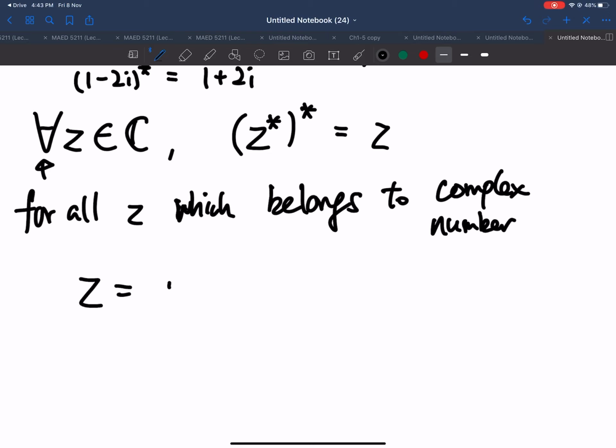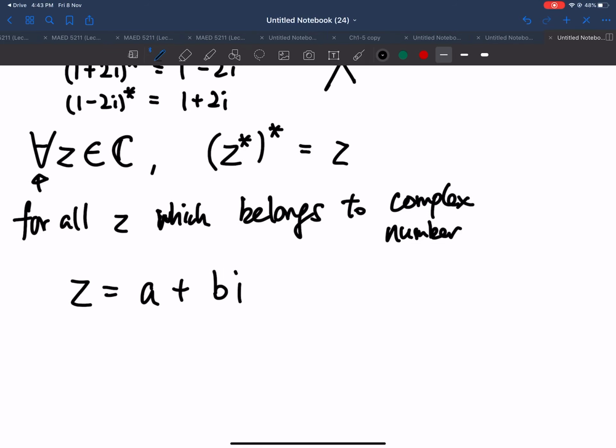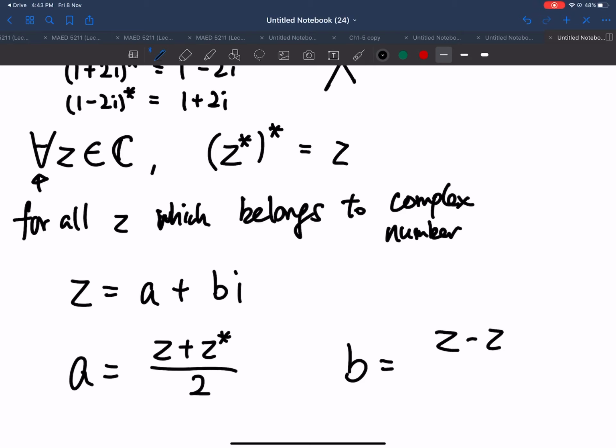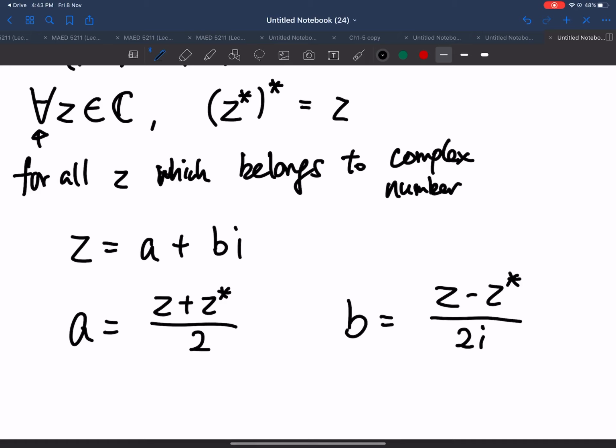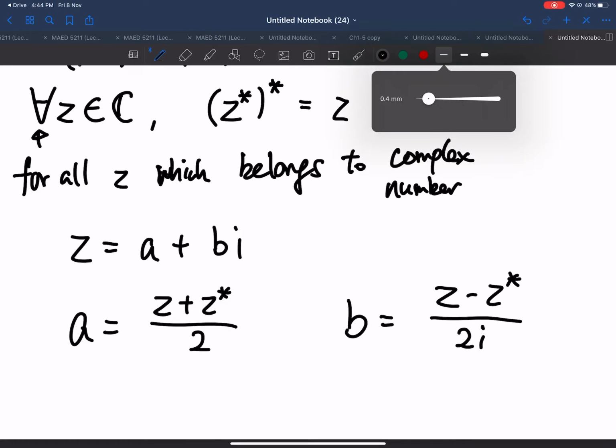If C equals A plus BI, you can check by yourself, okay? A can be written as C plus C star over 2. Don't be amazed right now. Let's prove it, okay?